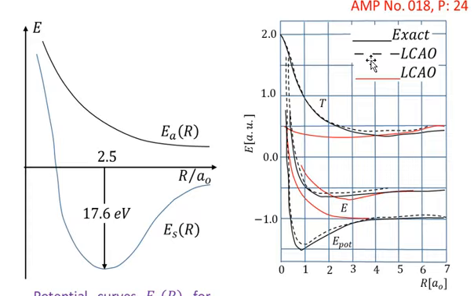Now I also have a curve which is shown by the dashed line. This is also an LCAO approximation in which the coefficients were optimized. And then of course you can see that the dashed lines are very close to the exact solutions shown in solid black lines.